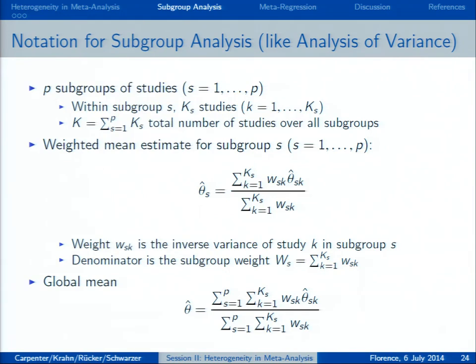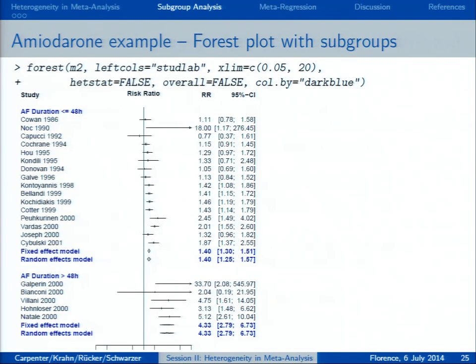Okay, so within subgroup s there are K_s studies. K, the total number of studies, is the sum of K_s from s equals 1 to P over all the subgroups. So we can calculate a weighted mean in each subgroup using a fixed or preferably a random effects model. And then if we sum those all together, we come back to our random effects estimate.